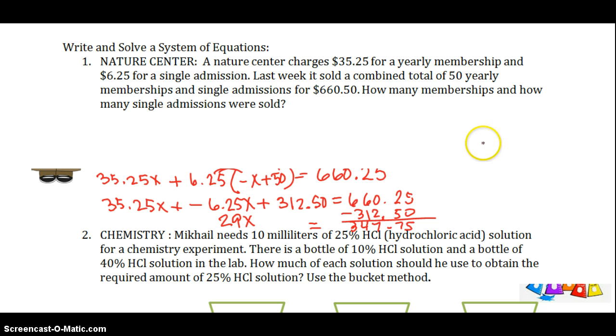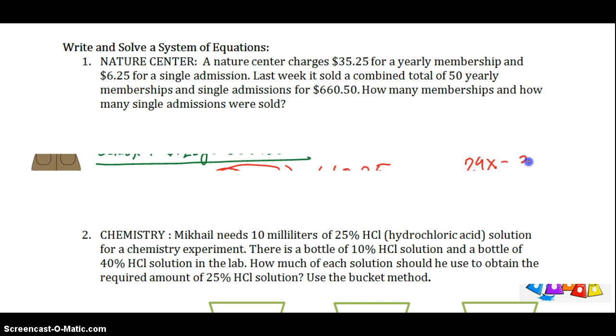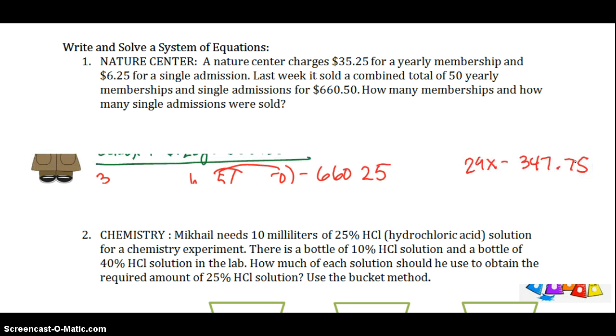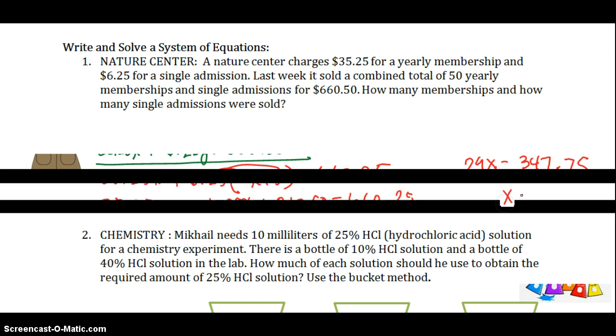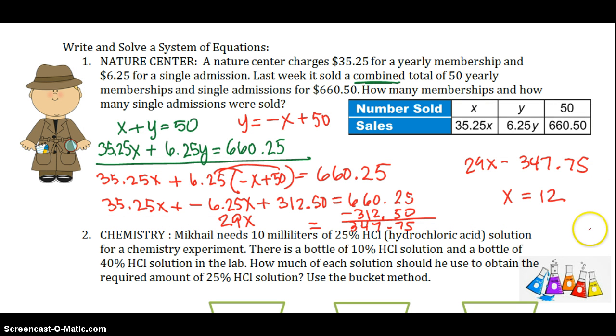So let's come up here where we can actually see: we have 29x equals 347.75, so I need to divide that by 29, and x turns out to be 11.99, which you can't have, so x is 12. We can't have 0.99 of a membership, so we round that up to 12.